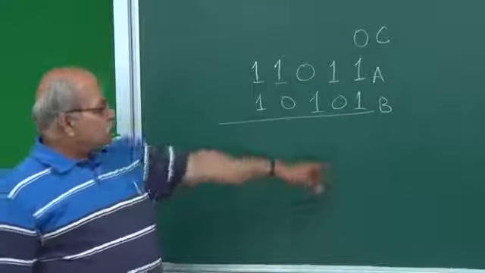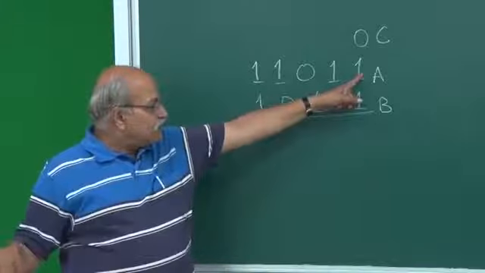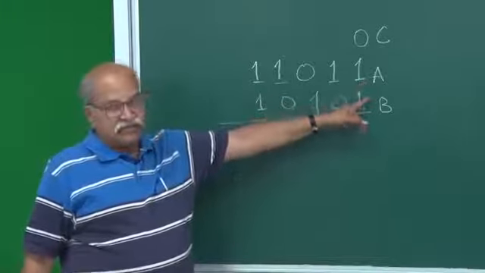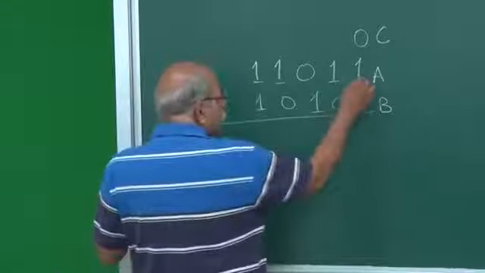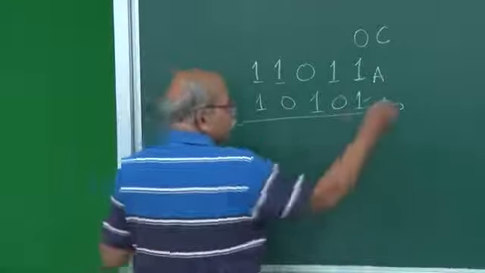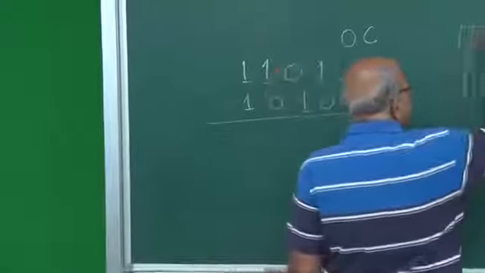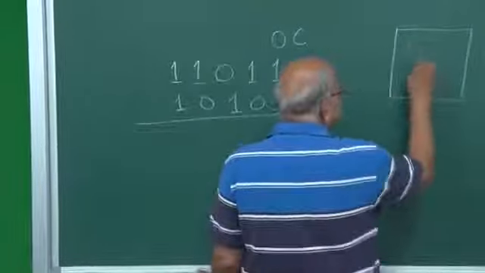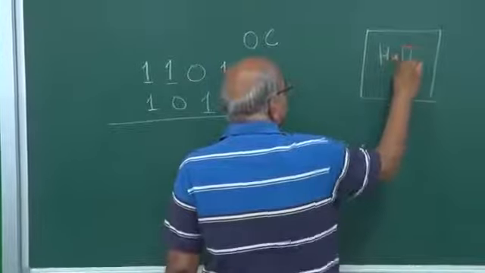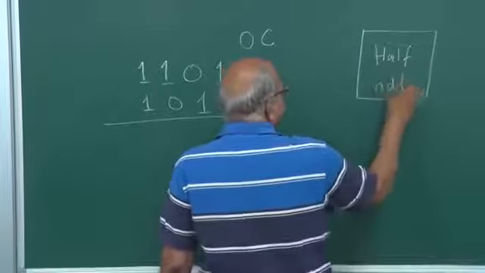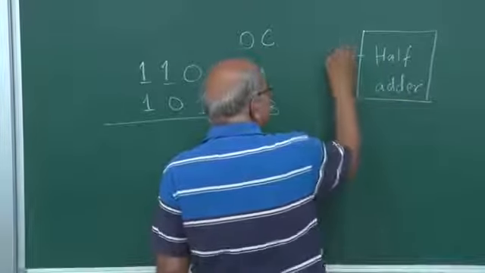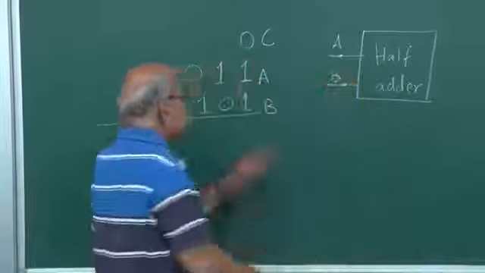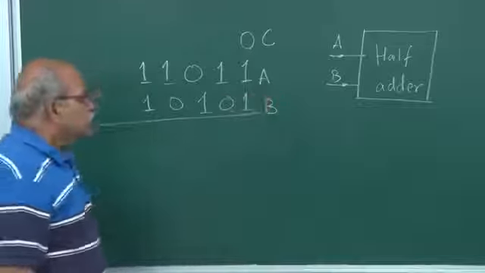So, what we do is we first half add these two, A and B, half adder operation. So, if you do this half adder operation, let me write it here. Let me write half adder here. So, let us say this is a half adder circuit, and then I have 2 input points, and in these 2 input points I put A and B, this A and this B I put here. What do I get?